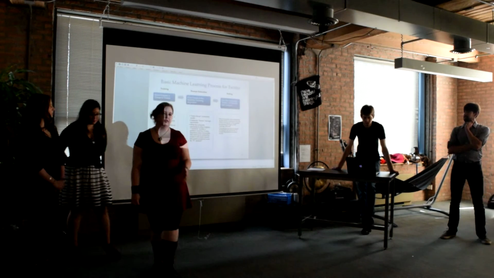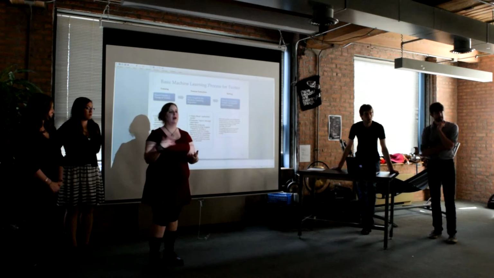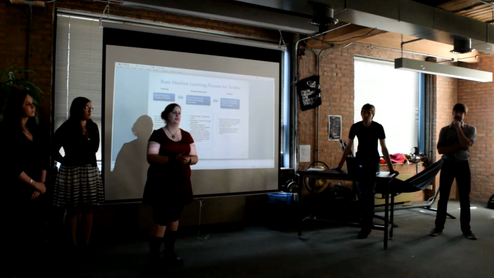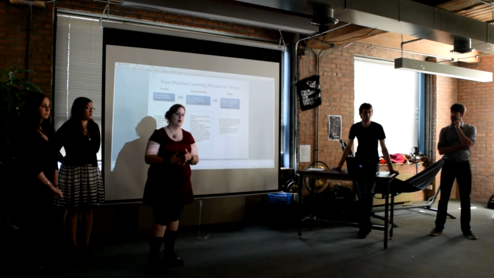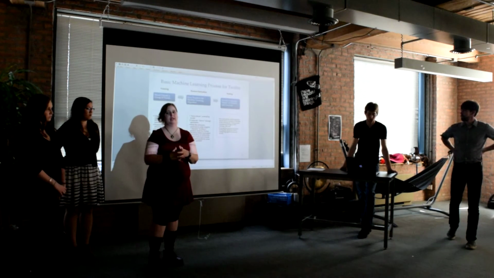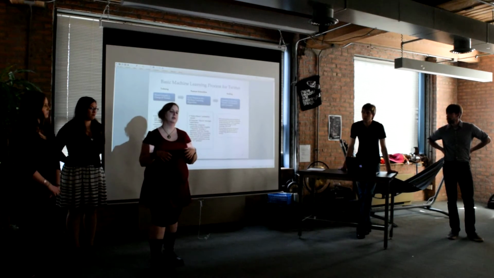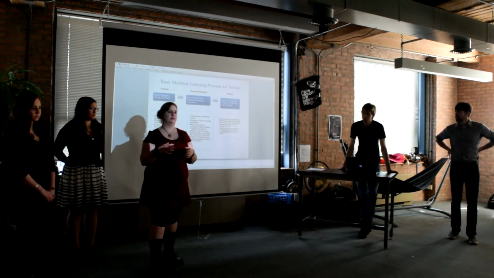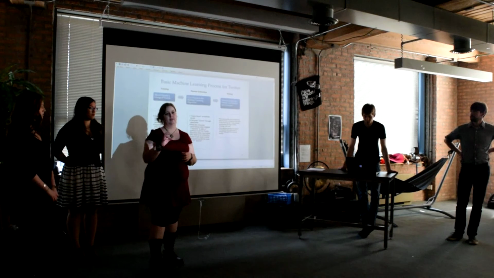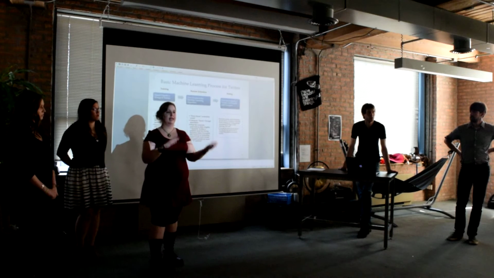So with machine learning, without a lot of user input, you can't actually teach a computer much of anything. So we had to go through hundreds of tweets for each candidate that we decided to poll, the top ones, and rated them by hand based on whether we felt they were positive or negative.